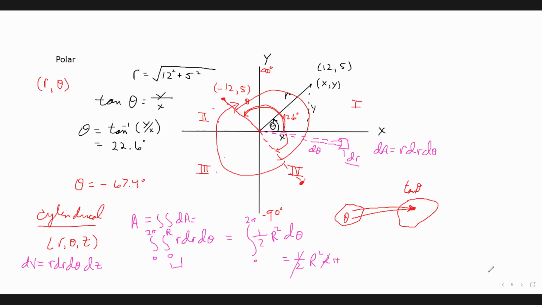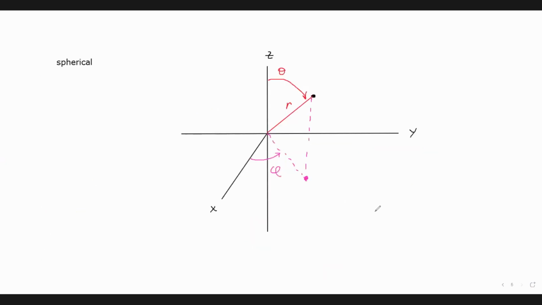However, for spherical coordinates, it's more complicated. dV in spherical coordinates is r squared times the sine of theta dr d theta d phi.